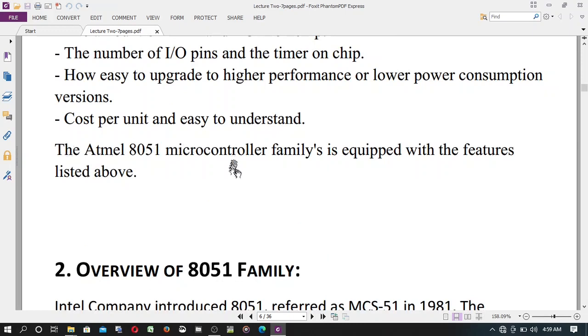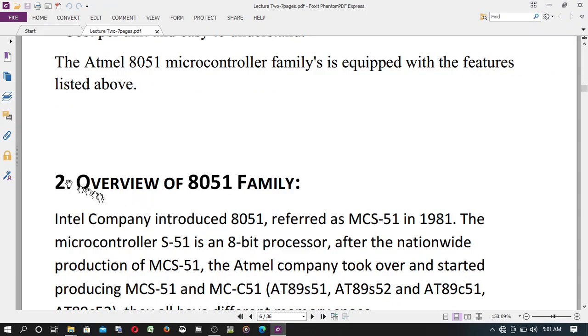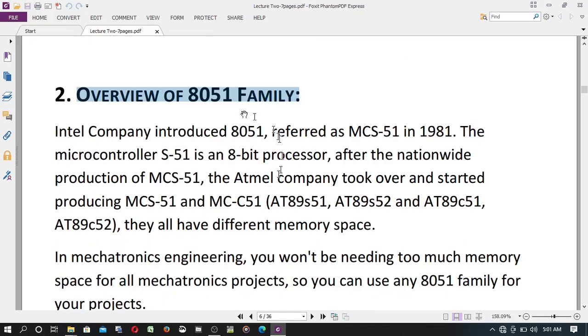Now, the 8051 microcontroller family is equipped with the features listed above. Let's take an overview of the 8051 family. The Intel company introduced the 8051, which is referred to as the MCS51, in 1981. The 8051 microcontroller is an 8-bit processor.